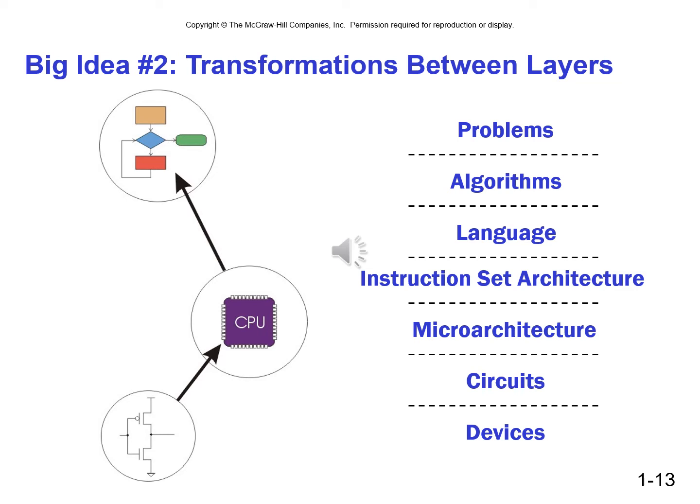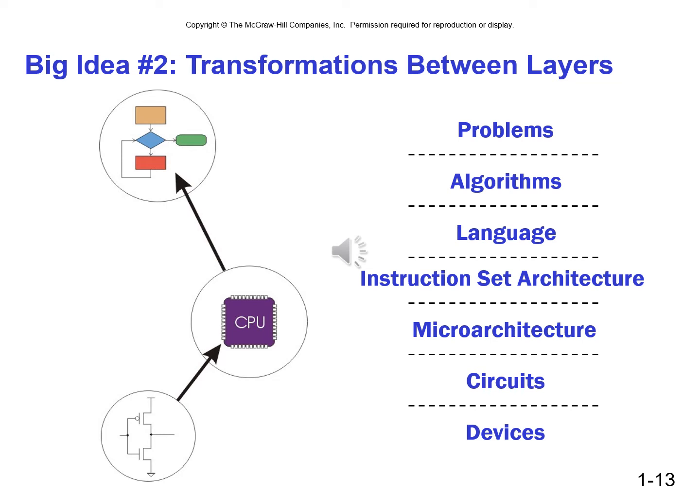Okay. Big idea number 2, transformation between layers. Problems are translated to an algorithm, written in a programming language for a specific instruction set architecture that requires a certain microarchitecture that is made up of circuits and ultimately devices.